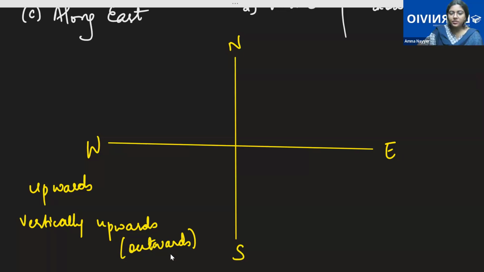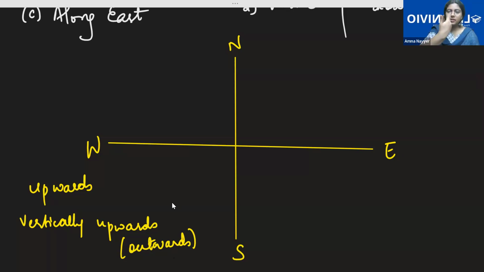So see, one vector is where? Vertically upwards. So how will you put it? You will put it outwards, towards yourself. And the second vector is towards the north. Now where is the north? Up. North is up. So we'll have to put our palm in such a manner that we can curl the fingers towards the north.